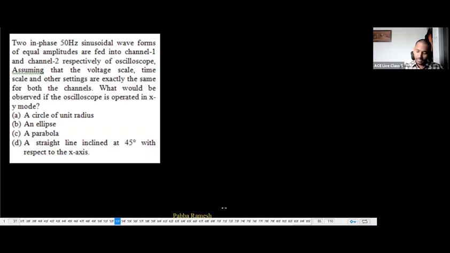Mahesh, did you get anywhere a parabola so far? Simply the first line itself is playing the role. Two in phase. If you understand that, total discussion is not required. In phase means 0 degrees, no phase shift. Circle, ellipse, parabola, no. So directly the answer is this. Option B is for the previous question.